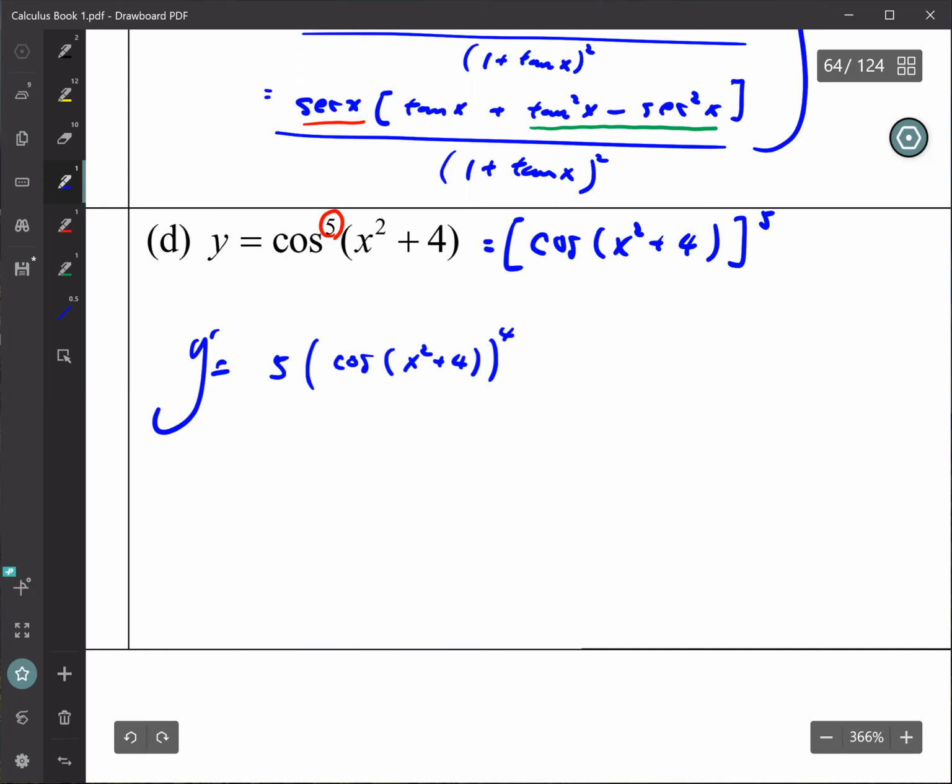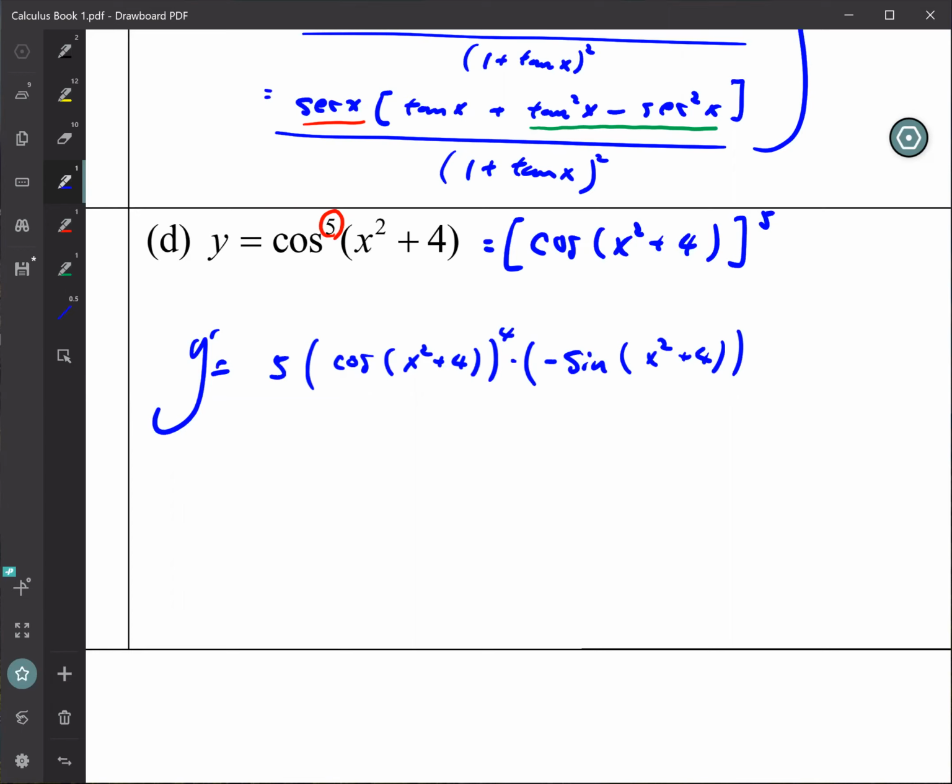Good, so far good. And then? Bracket, negative sine, bracket x squared plus 4, bracket, and then 2x. Yep, perfect. Okay, you got this.